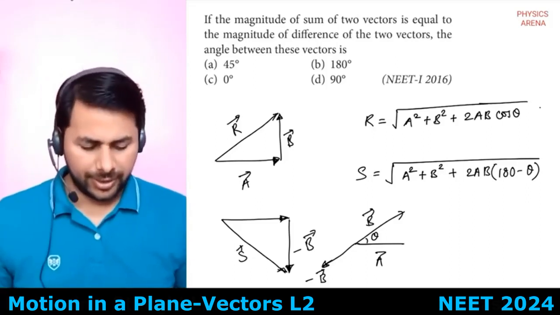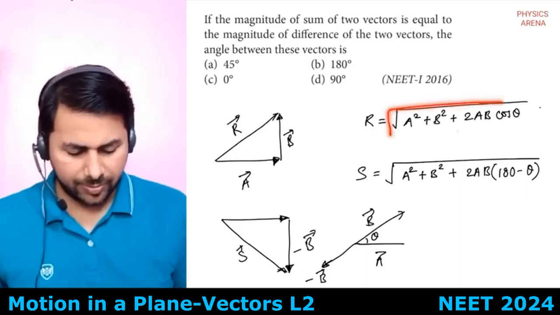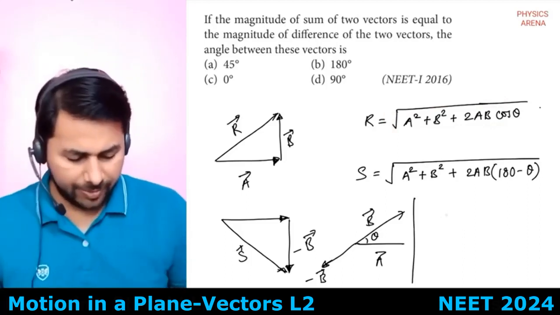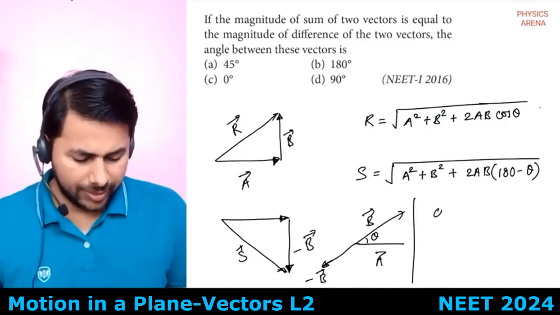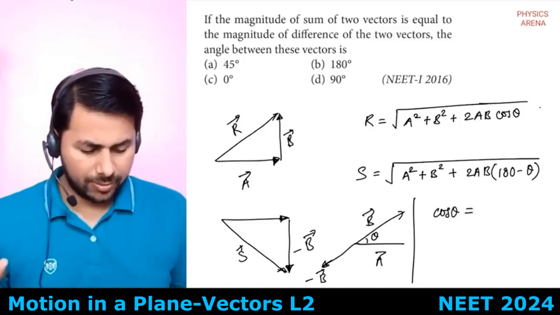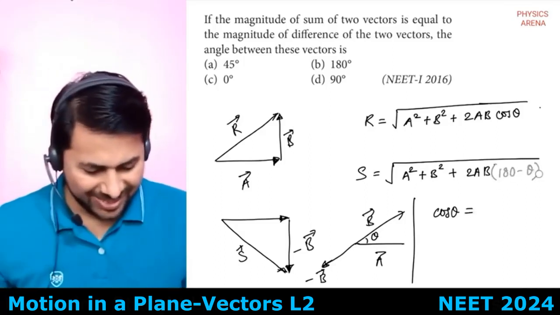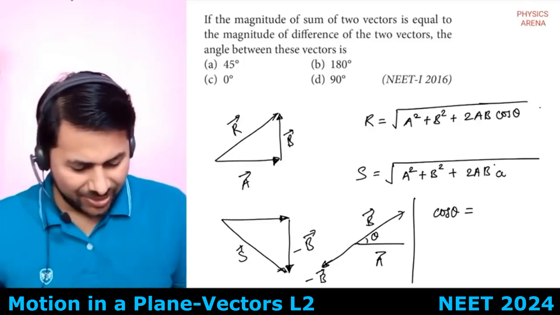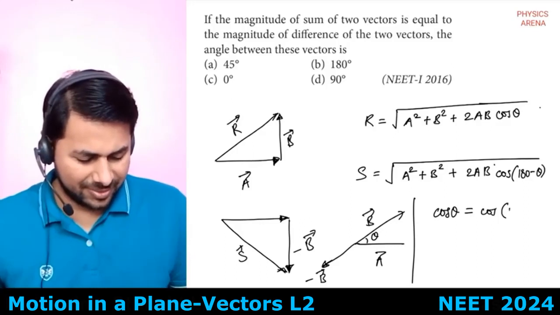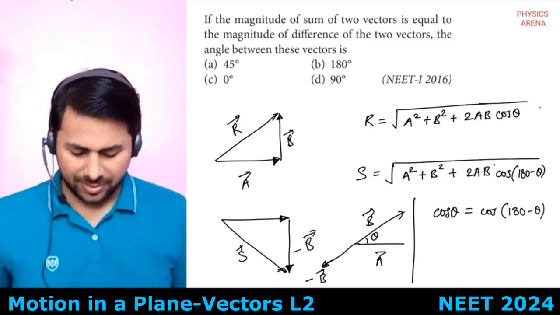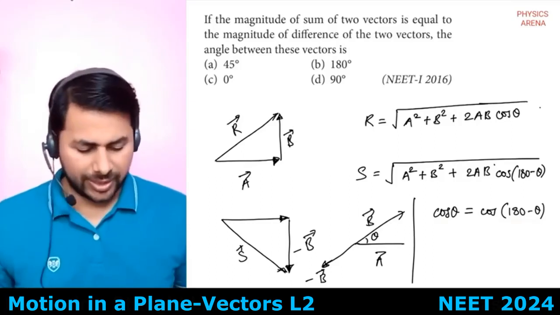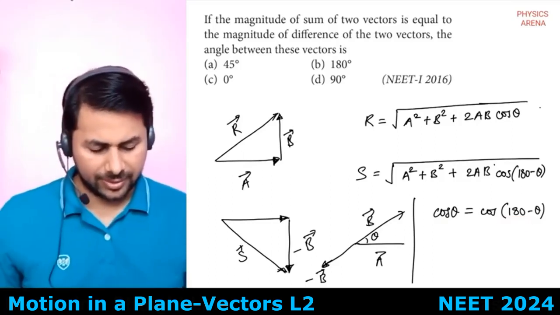R is equal to S. That means the square root of this thing is equal to the square root of this thing. And what does that mean? It means that 2AB cos of theta is equal to 2AB cos of 180 minus theta. Okay, cos of theta is equal to cos of 180 minus theta.